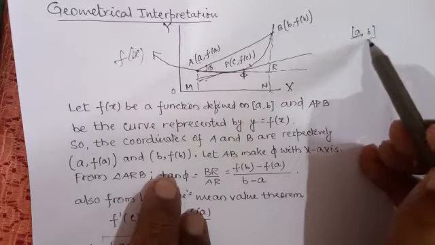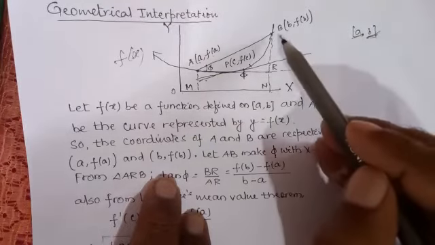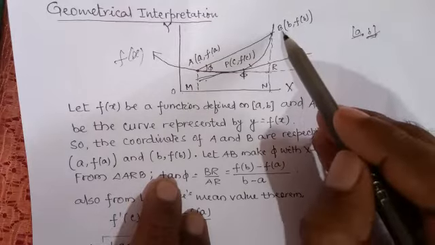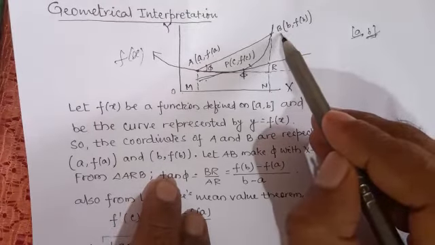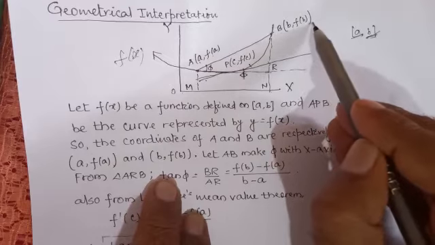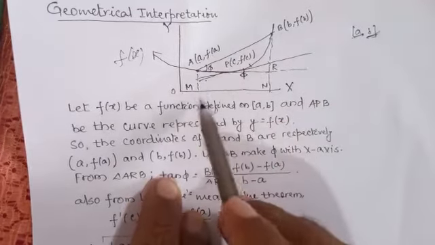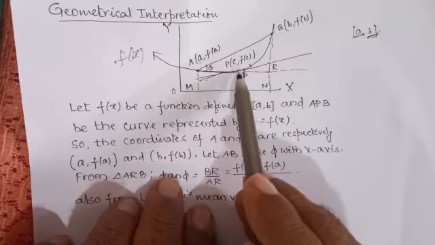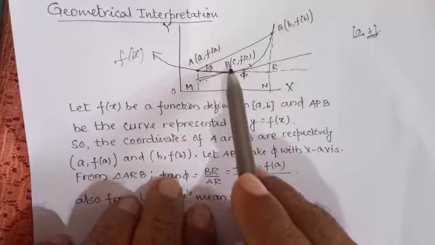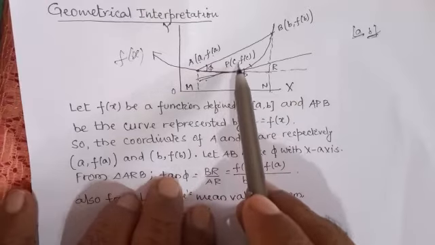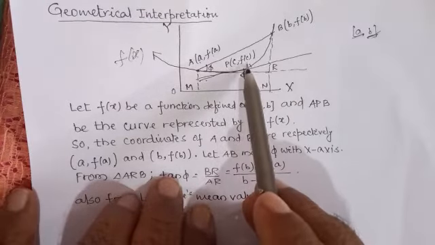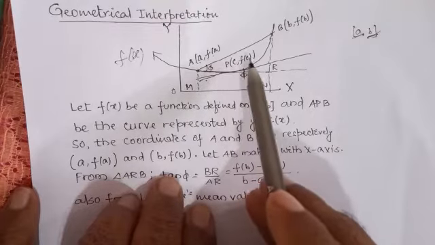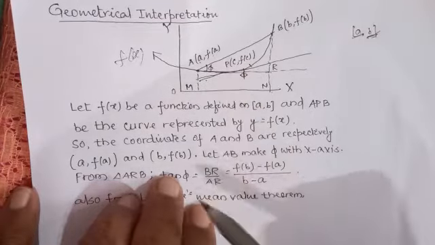Similarly, the second point of the interval is B. So the coordinates of point B will be B and function of B. Now consider any point P on the curve, and suppose its coordinates are C and FC.